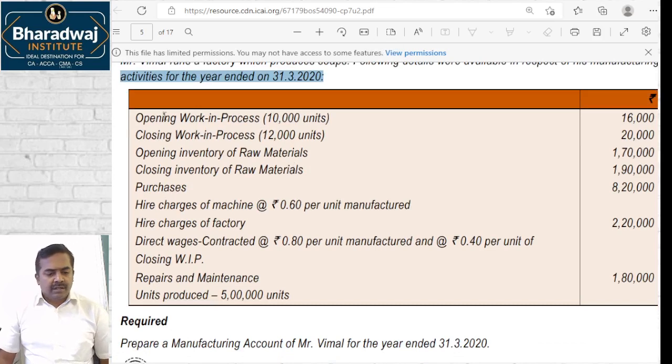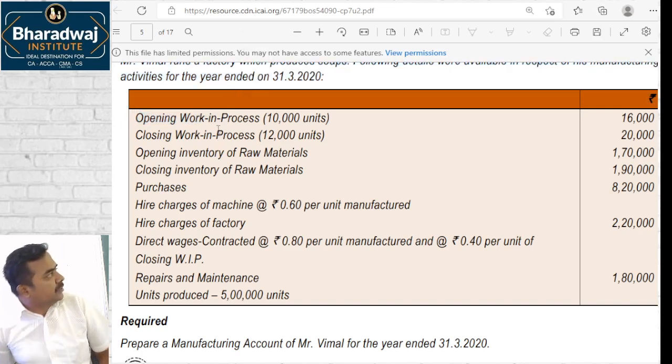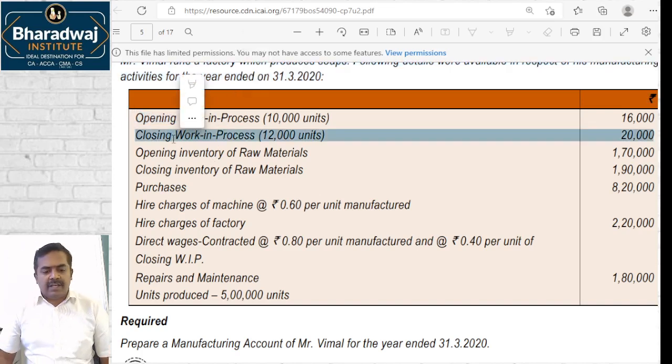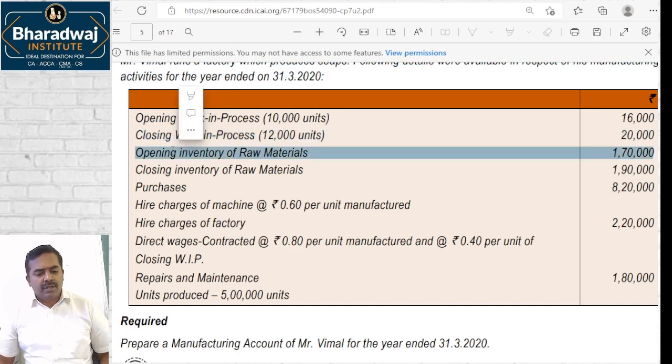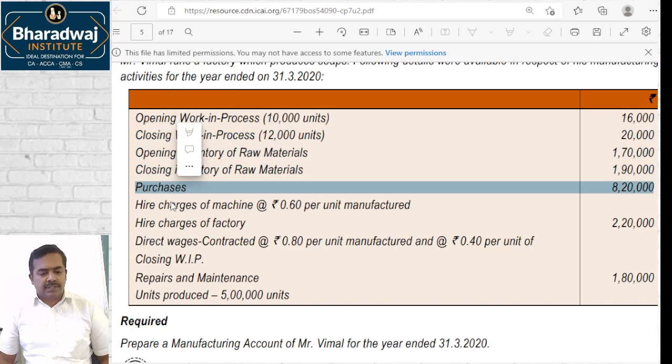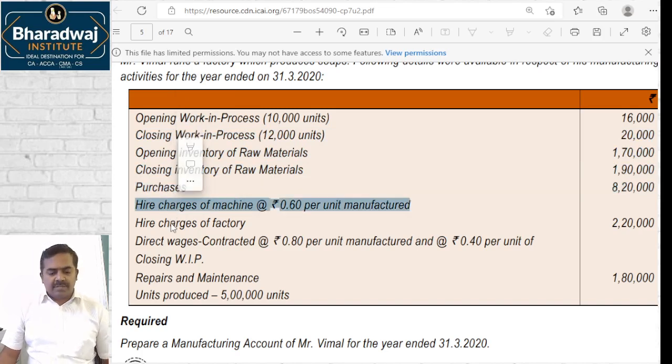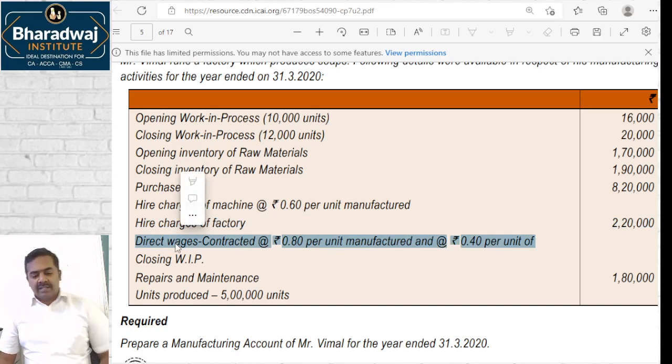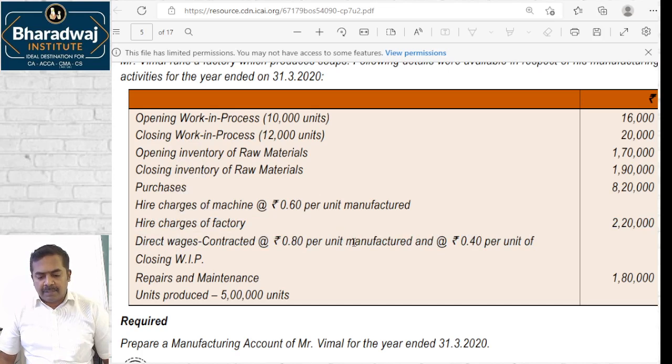The following details are available in respect of manufacturing activities. We are given opening WIP, 10,000 units, then closing WIP, 12,000 units. Opening stock of raw material, closing stock of raw material, purchases, hire charges of machines and hire charges of factory are given. Wages are 80 paise per unit manufactured and 40 paise per unit for closing WIP.